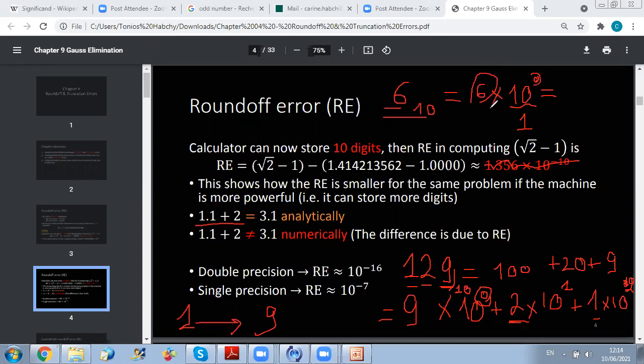And we don't have plus 0 times 10 to the power 1, etc. So we don't have to put anything because any 0 to the left will not be taken into account. So now I want to transform this number. Instead of expressing it in a base of 10, I want to express this number in base 2. If I want to express it in base 2, I will have to do the following.